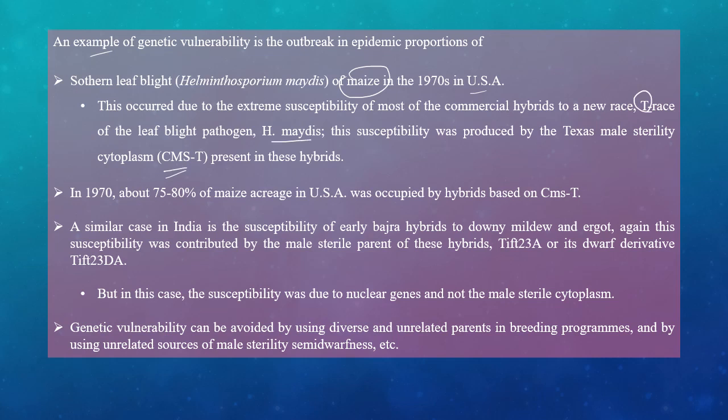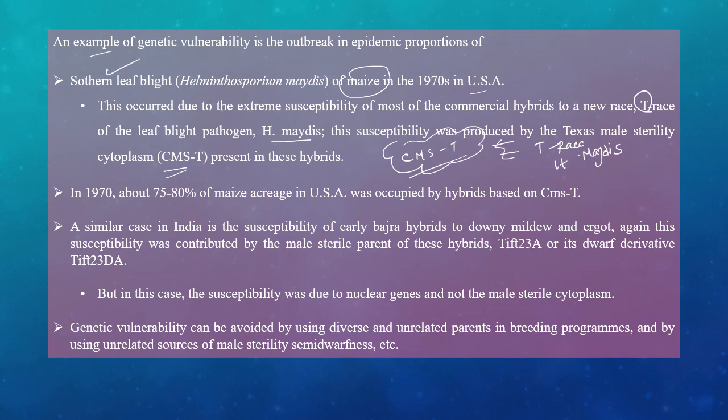And if we say in brief, in 1970s most of the maize hybrid varieties were developed using this CMS-T cytoplasm, okay, Texas male sterile cytoplasm as a female parent, but this cytoplasm became very susceptible to the T race of the Helminthosporium maydis, and this destroyed the maize in USA due to the southern leaf blight.